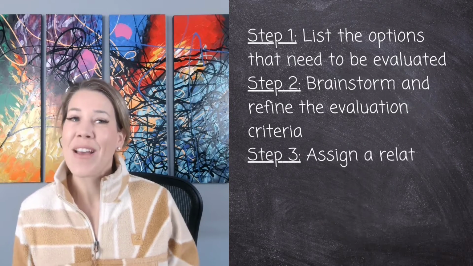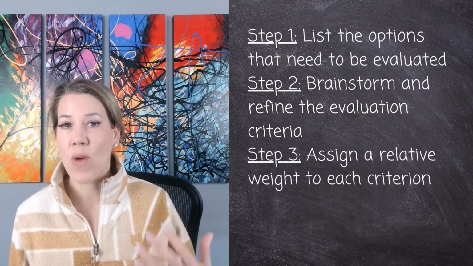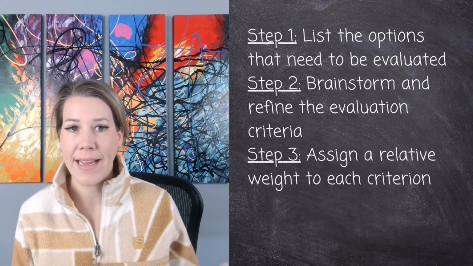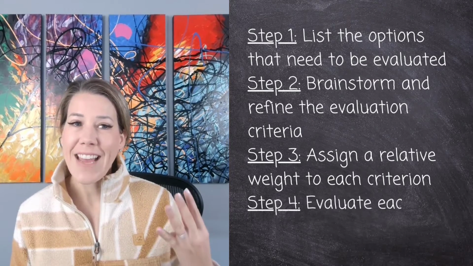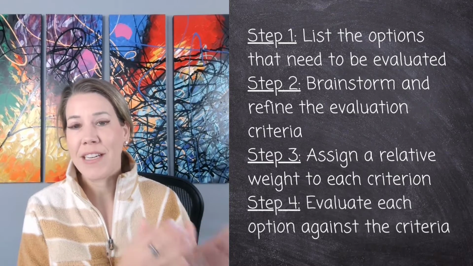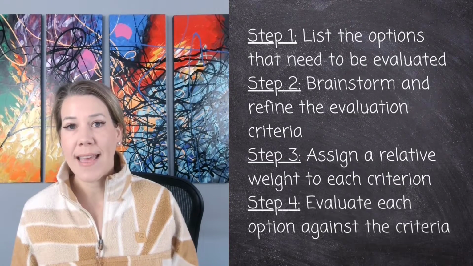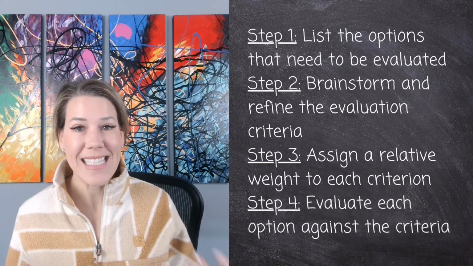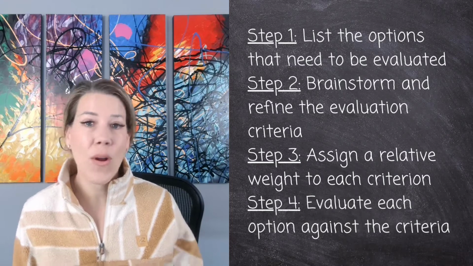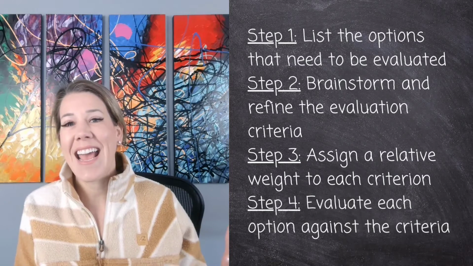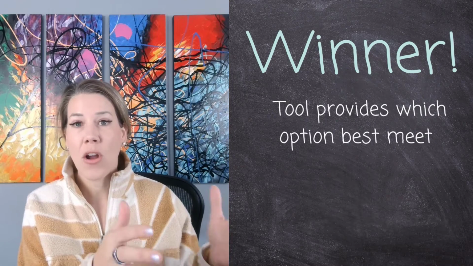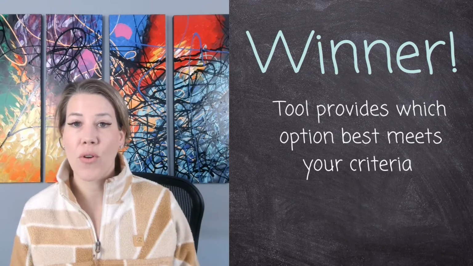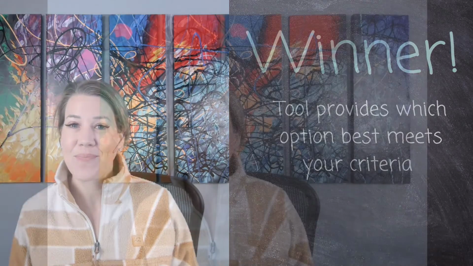The third thing, we are going to assign a relative weight to each criterion based on how important it is. The fourth and final step, we are going to evaluate each option against the criteria. This handy tool that I'm going to show you, this Excel spreadsheet, is then going to calculate on the back end and let us know which option best meets the criteria based on how we have gone through and entered the scores.